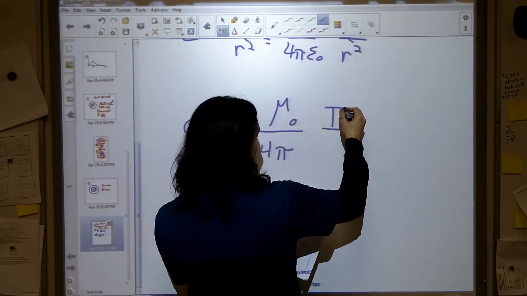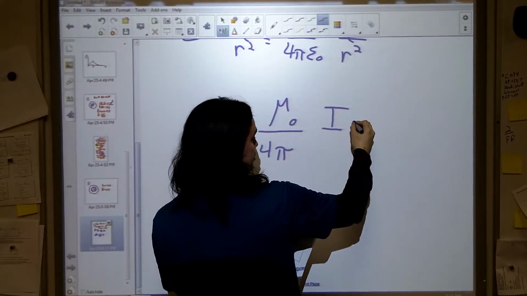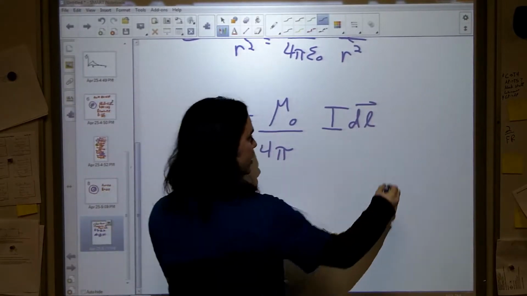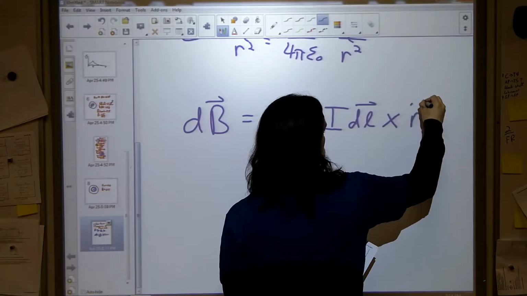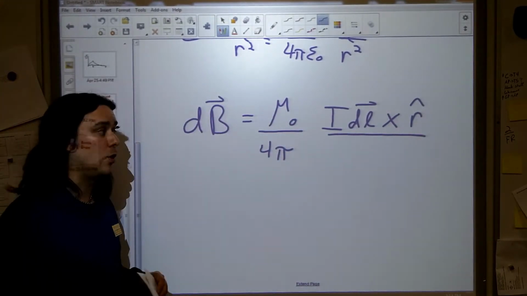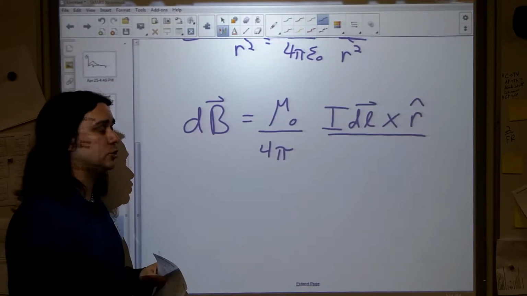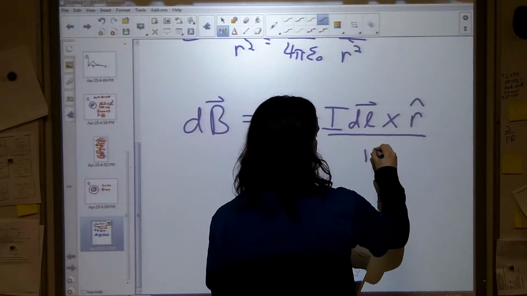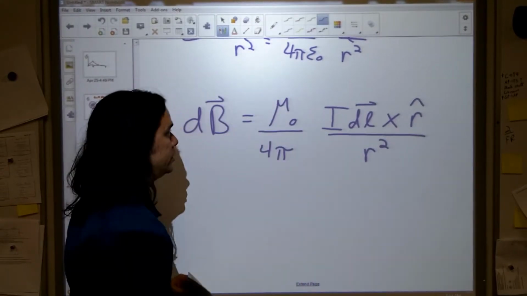Here's our current I, which is what I usually put the vector sign on, but I'm going to match the AP exam. They usually go with dl cross r hat, where r hat is a unit vector, so it has a magnitude of 1, but it points in the radial direction, over r squared.